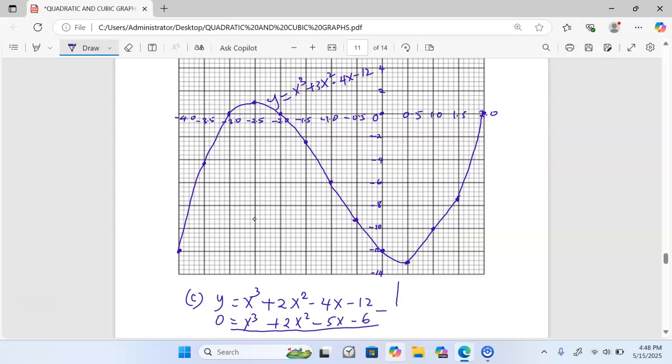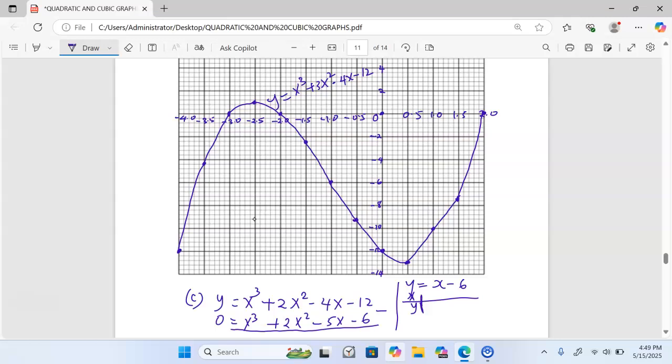When you subtract the two equations, y minus 0, you get y being equal to x cubed minus x cubed is 0, 2x squared minus 2x squared is 0, minus 4x minus 5x, you get positive x, then minus 12 minus 6, you get negative 6. Then from there we can make a table having the values of x and y, so that we can use them to draw the straight line.